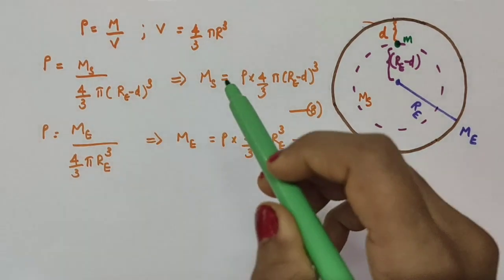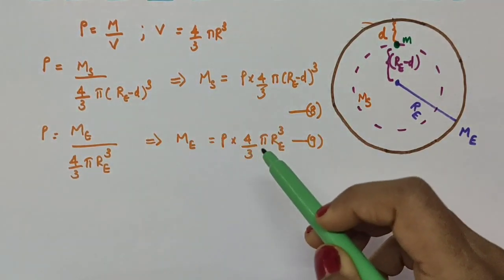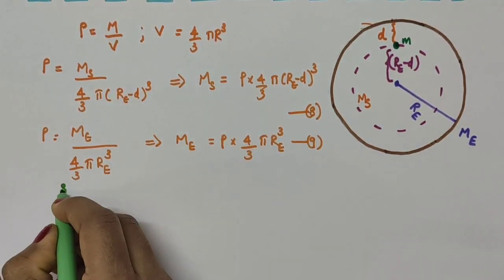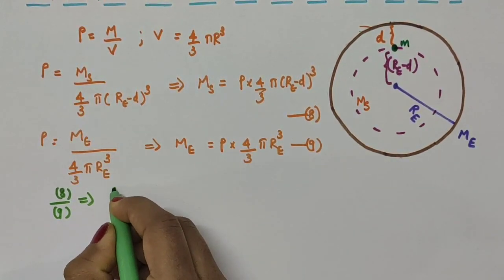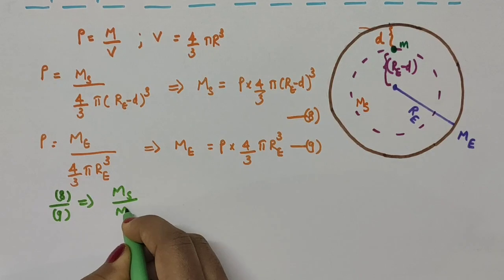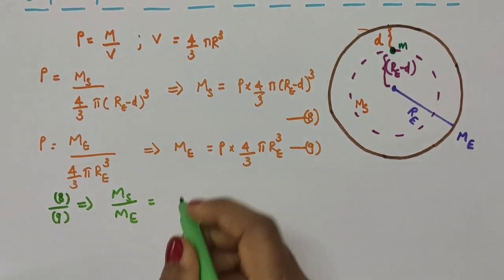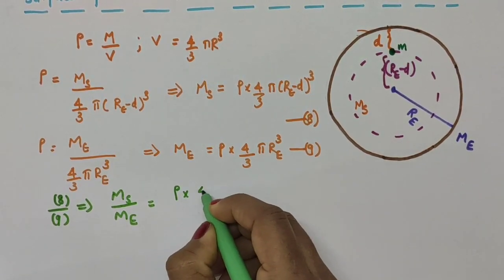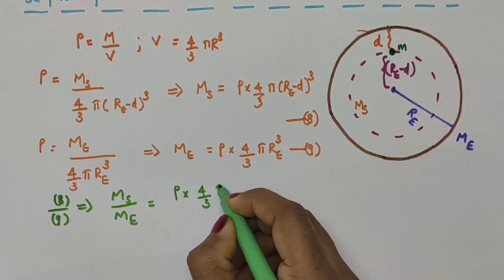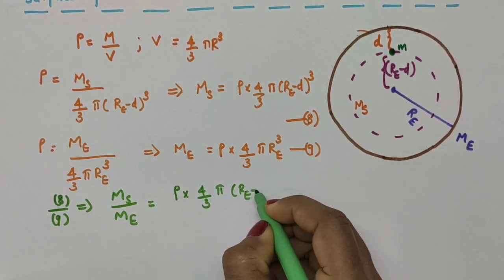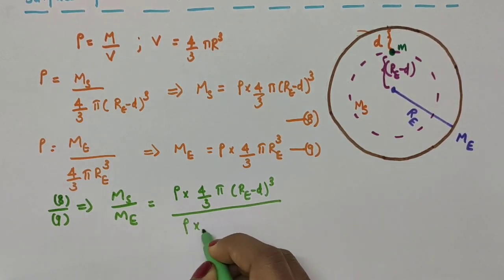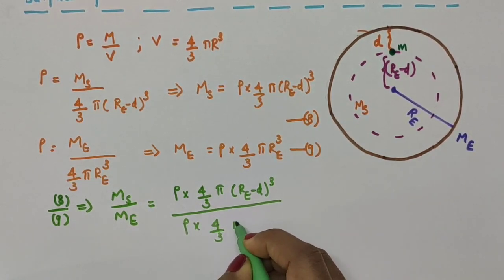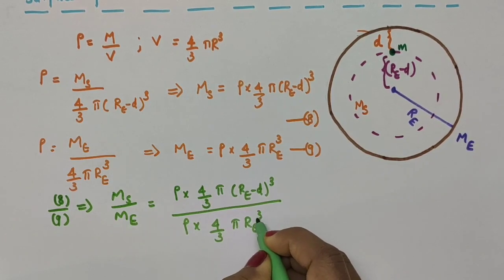Next, I am going to divide equation number 8 with equation number 9. So, equation number 8 divided by equation number 9 gives us ms divided by Me is equal to rho into 4 by 3 pi into (Re minus d) the whole cube divided by rho into 4 by 3 pi Re cube.